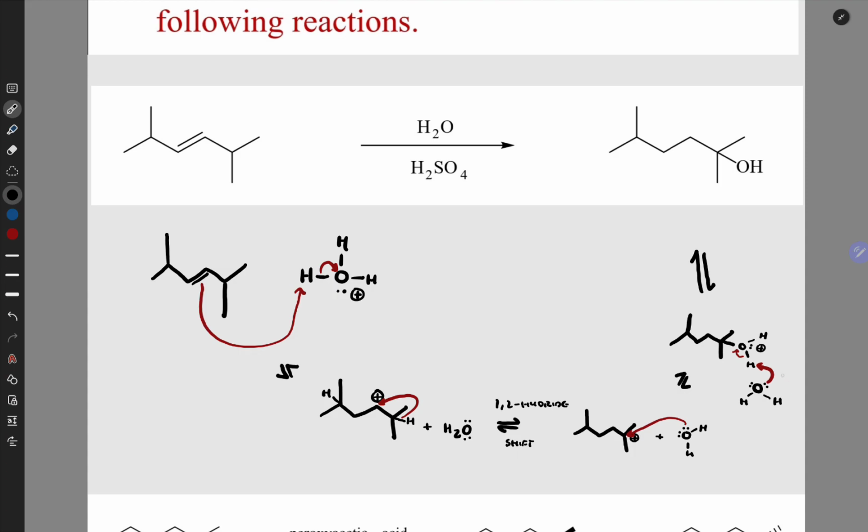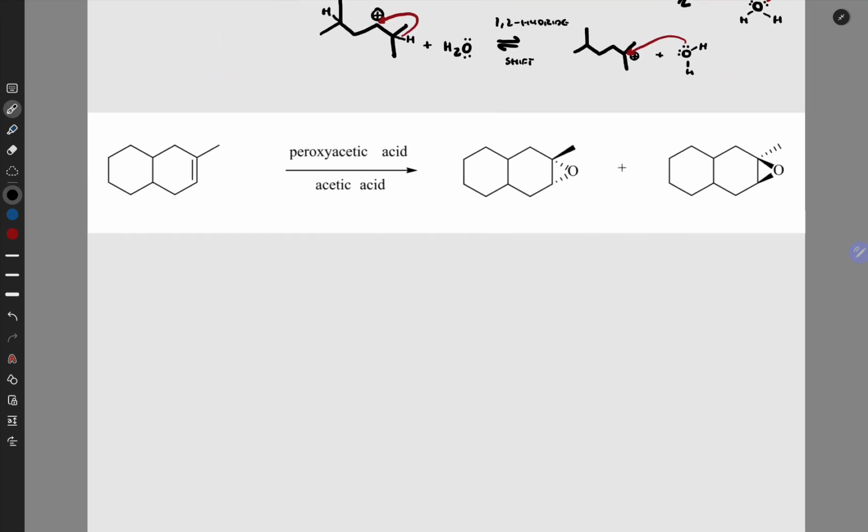And then another water will actually deprotonate the water that's attached to the molecule now in order to give you a hydroxyl group, and that gives us our product. Again, important to note, always look at your product to determine where you're going. You don't look down in order to know where you're walking to, you look forward. So look at this in order to know which direction you should take your mechanism.